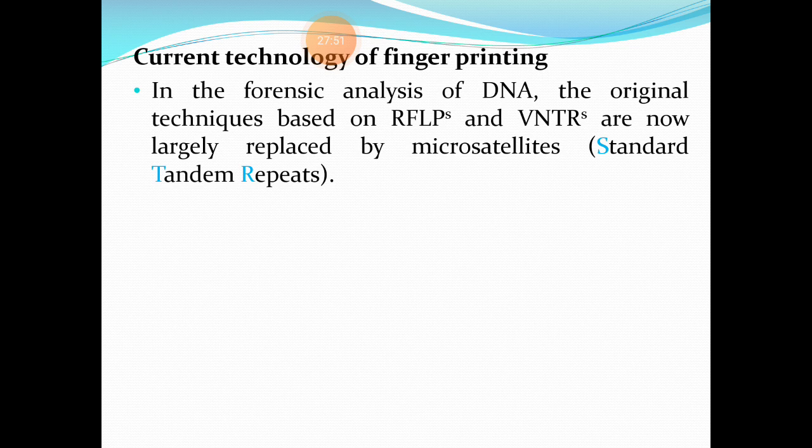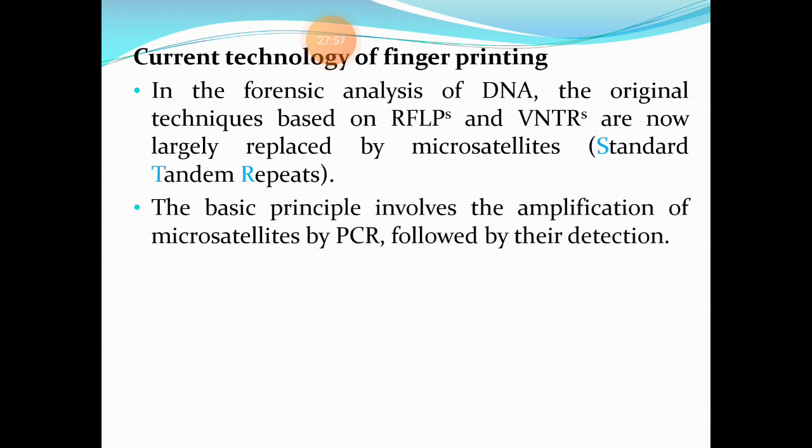They are replaced by microsatellites, that is STRs, short tandem repeats. The basic principle involves amplification of microsatellites by PCR followed by detection. They don't go for restriction digestion, but the analysis is based on PCR. Okay.